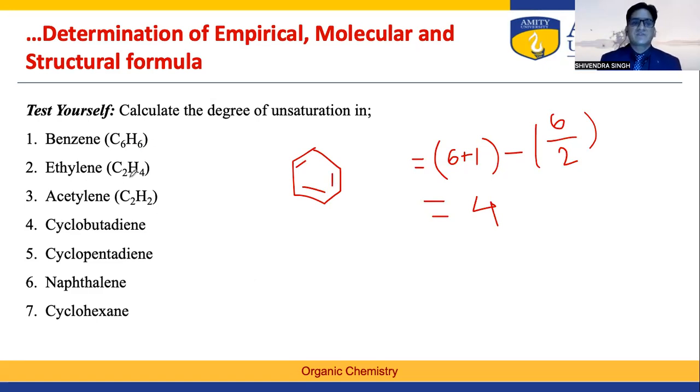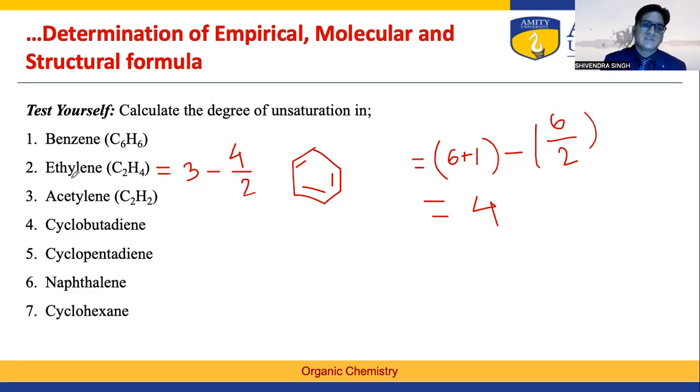For ethylene, the dB will be equal to 2 plus 1, so we can write 3 minus 4 divided by 2, because there is no halogen and no nitrogen. If we calculate, it is 3 minus 2, so it will be 1. We already know the structure of ethylene is CH2=CH2, so it has one double bond.